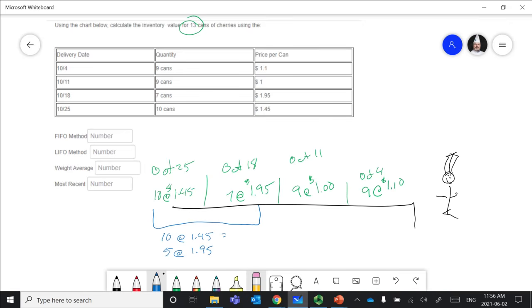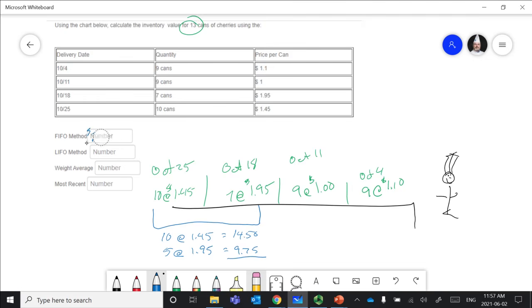So 10 times $1.45 is $14.50, and 5 times $1.95 gives us $9.75. We add those two together, and we have a FIFO value of $24.25.